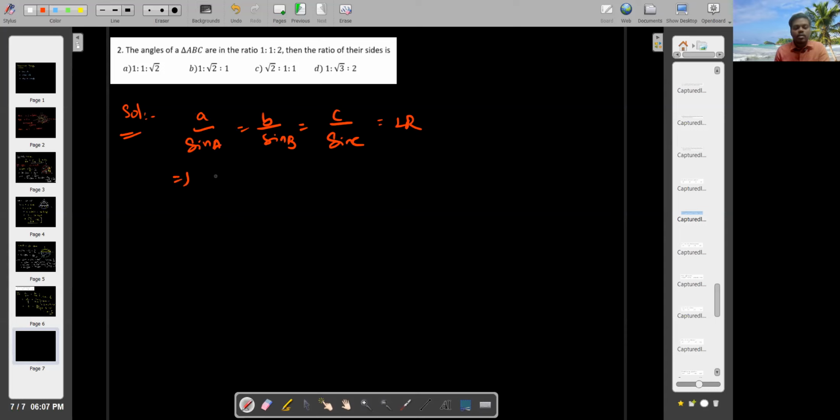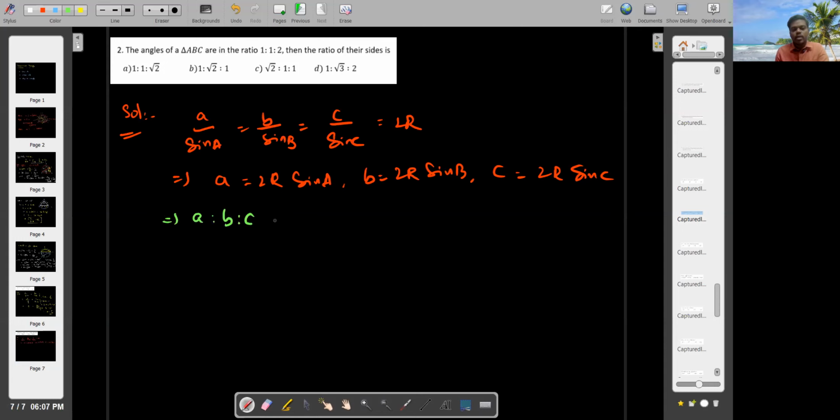That implies A equals 2R sine A, B equals 2R sine B, and C equals 2R sine C. So now we need to find the ratio of sides. So A is to B is to C equals 2R sine A is to 2R sine B is to 2R sine C. 2R gets cancelled in each term.